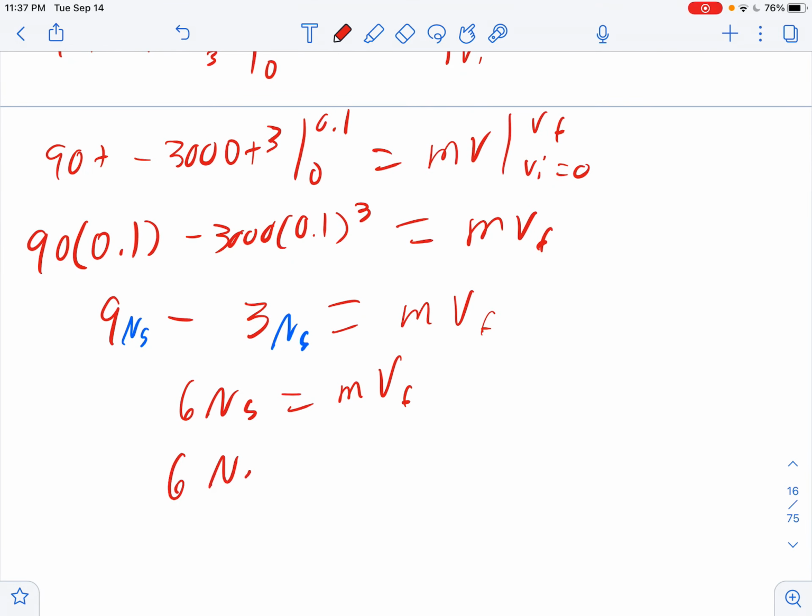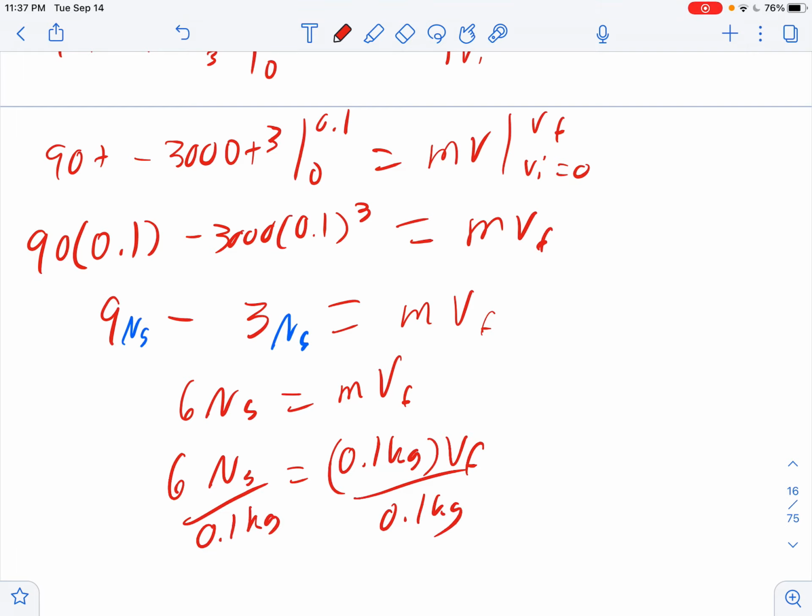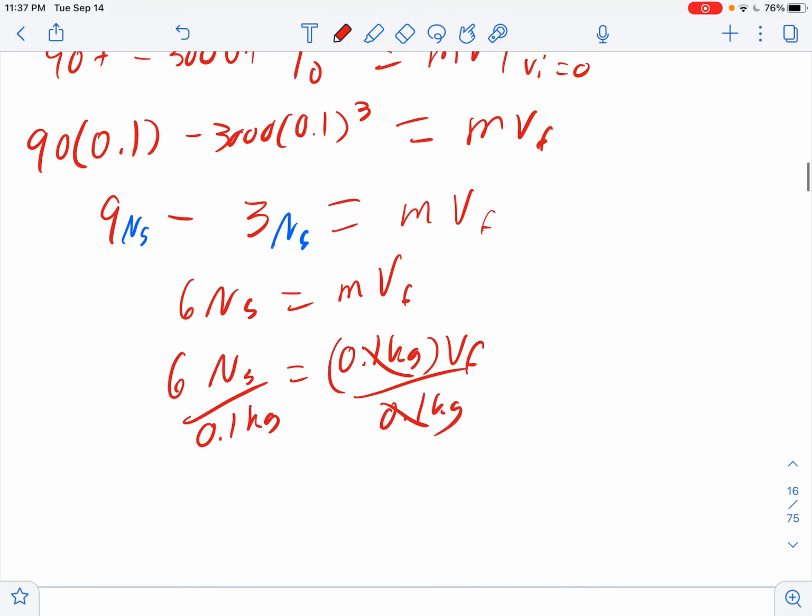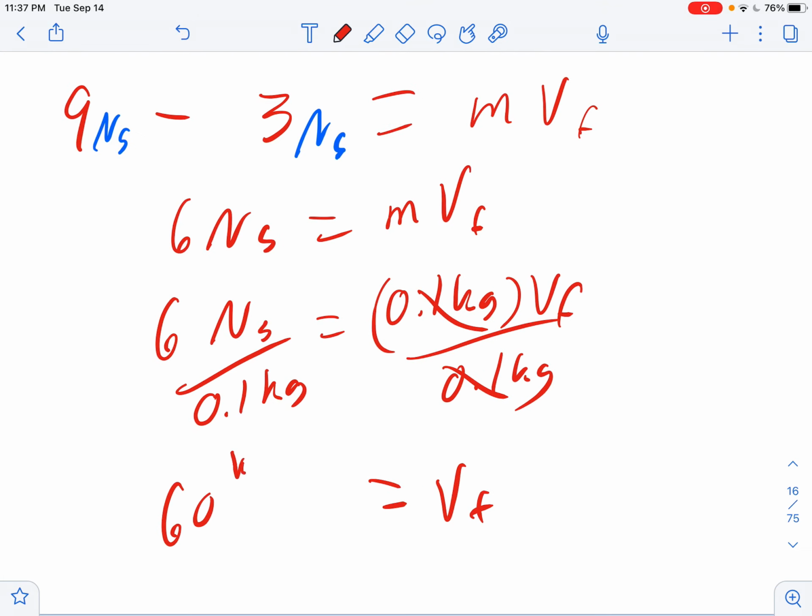So if I take 6 newton seconds equals 0.1 kilograms times vf, then I divide out the mass, and that's going to give me my final velocity. 6 over 0.1 is 60. And if you really want to torture yourself, remember, a Newton is a kilogram meter per second squared.